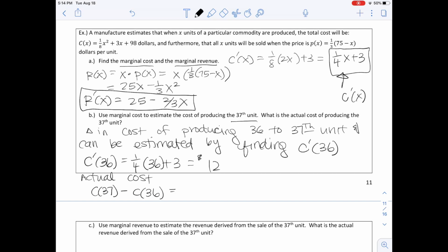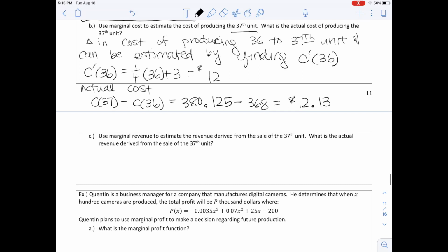And so using the cost function that was given to us at the very beginning, we're going to plug in 37, and when we do, we get 380.125, minus plugging in 36 into our cost function and evaluating that, we get 368. When you subtract those, rounding to 2 decimal places, we get $12.13. So they're relatively close to one another.